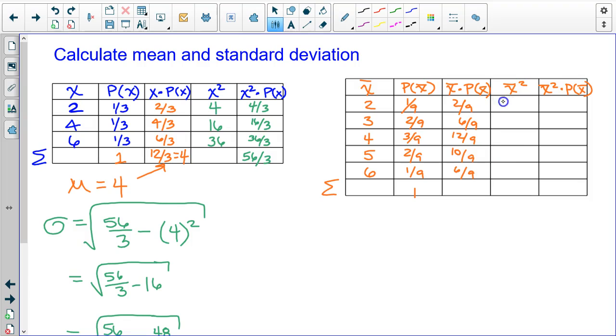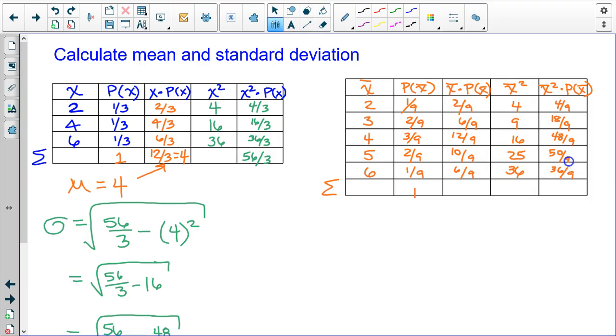And then X bar squared: 2 squared is 4, 3 squared is 9, 4 squared 16, 5 squared 25, and 6 squared 36. So now we take this column and multiply it by the P of X bar column. So 4 times 1/9 is 4/9, 18/9, then 16 times 3, 48/9, 50/9 and 36/9, right?